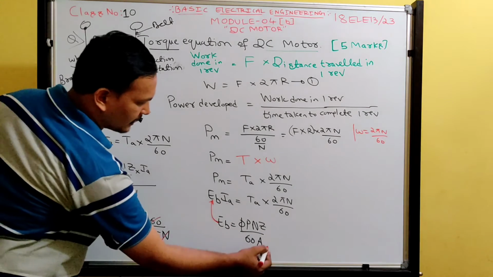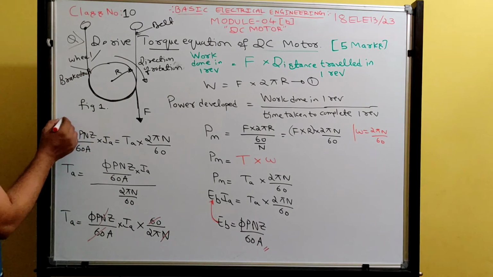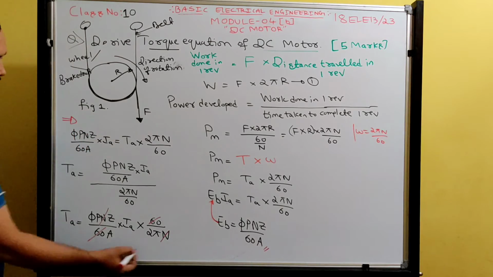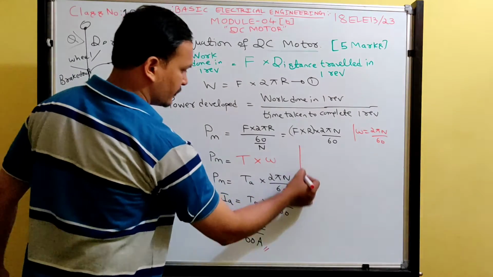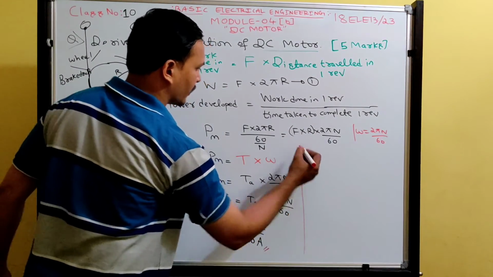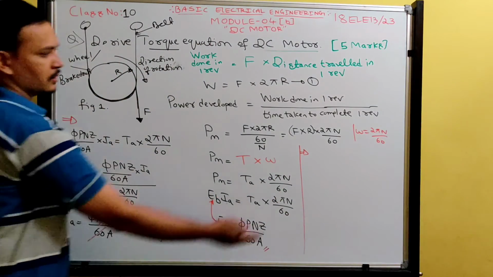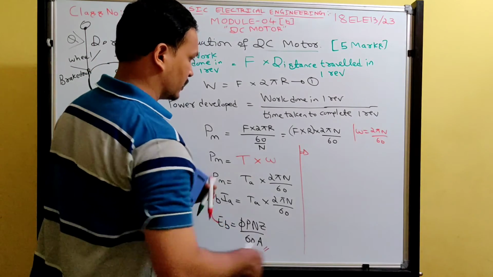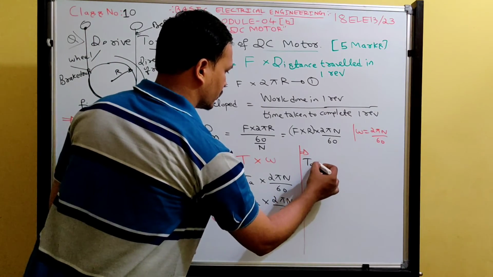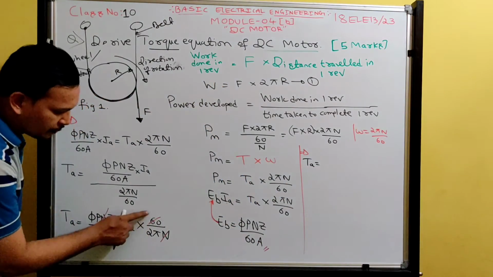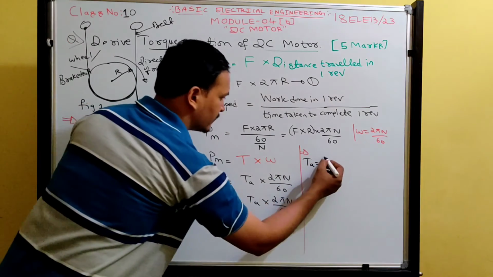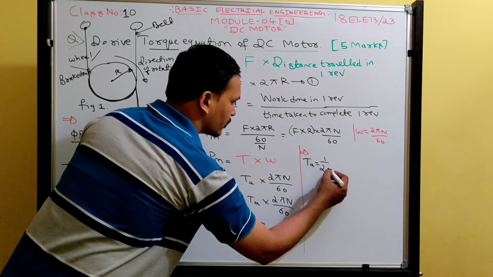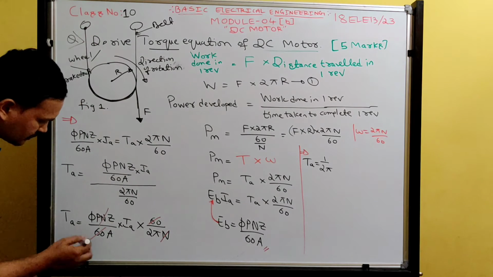After completing here, start writing from here. So TA equals, see, 1 by 2 pi is left, that I am writing first, 1 by 2 pi. Next, what is available?